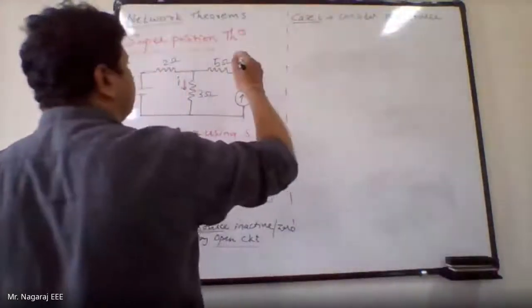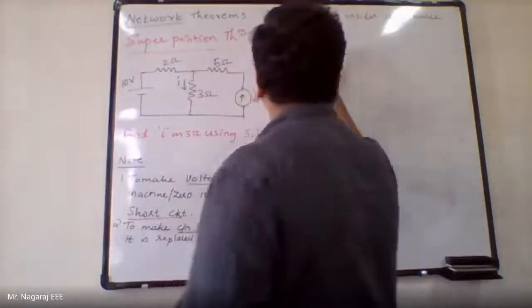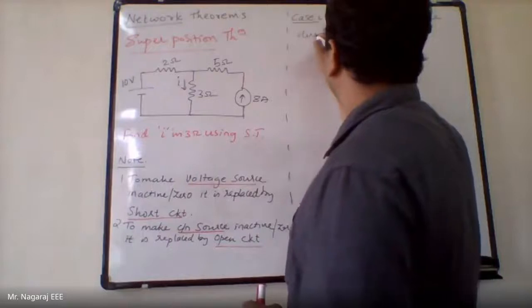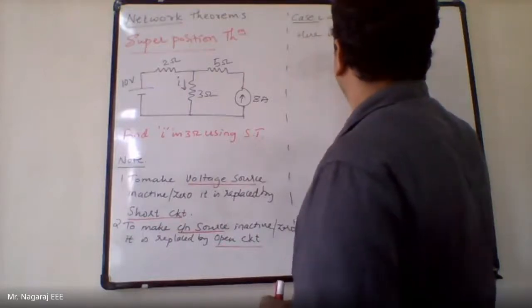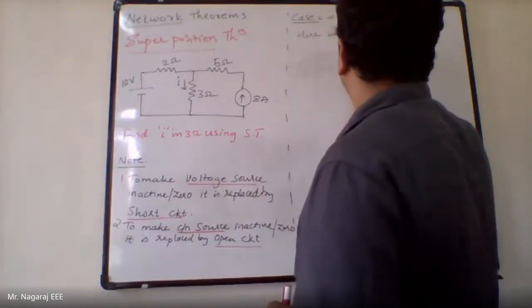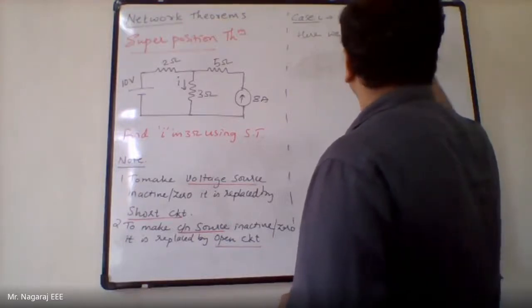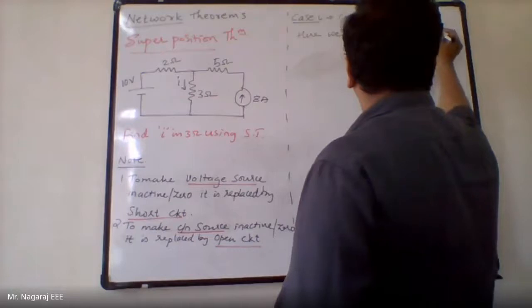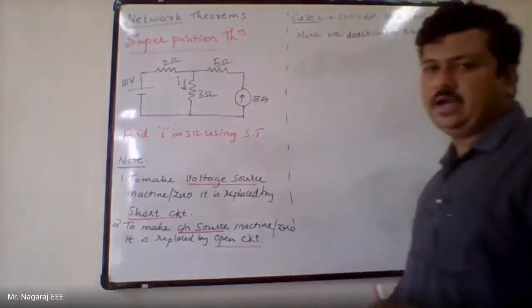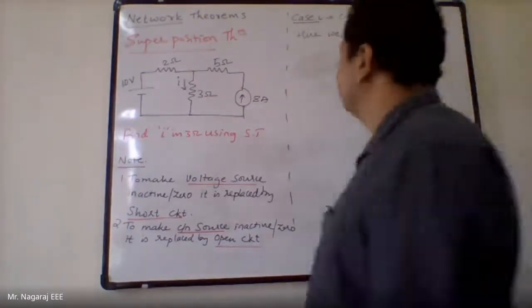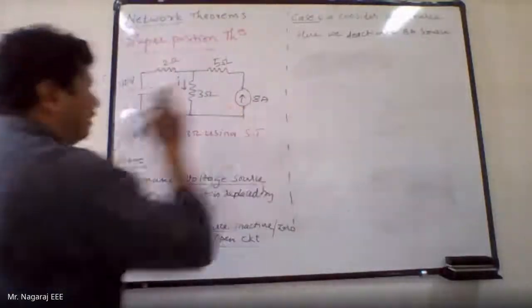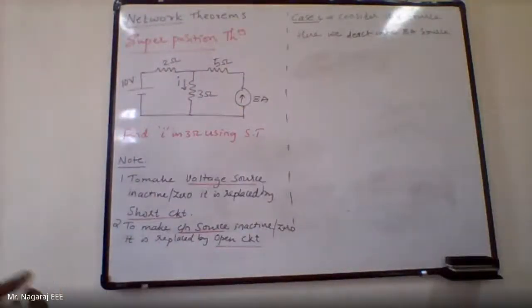So here we deactivate the 8 amp source. The 8 amp source is a current source, so it should be replaced by an open circuit.